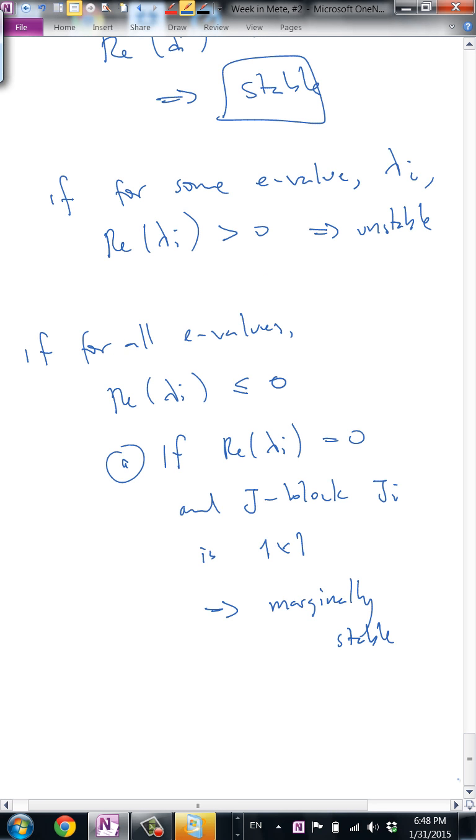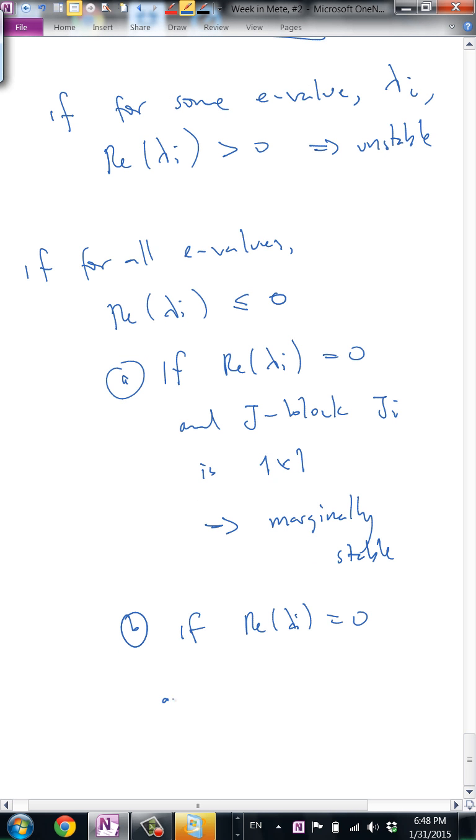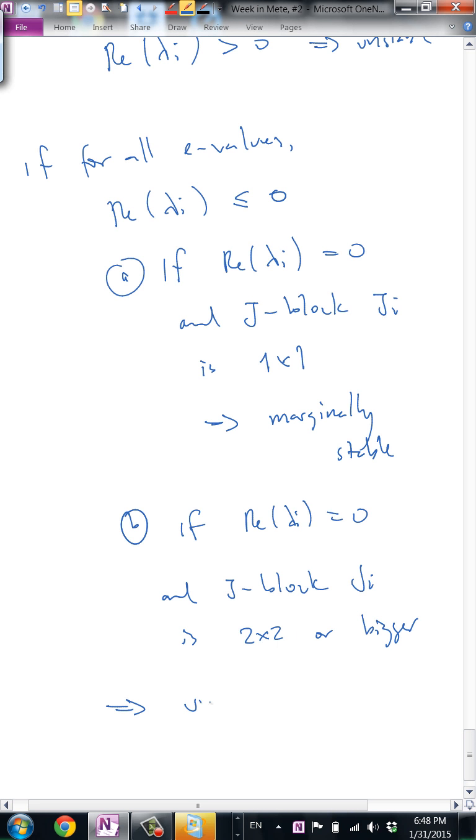However, if the real part of lambda i is equal to 0, and that Jordan block is 2 by 2 or bigger, then the system is unstable.